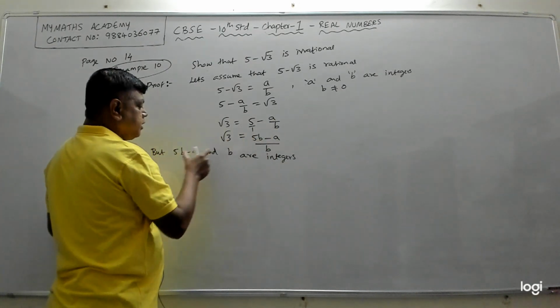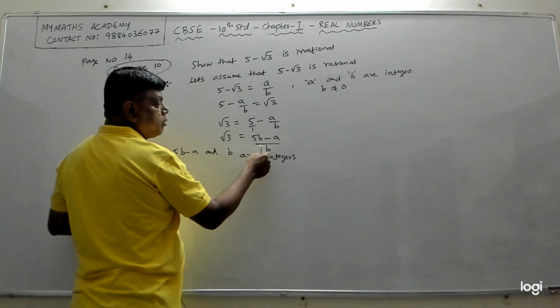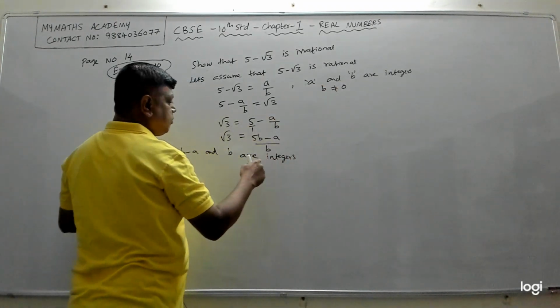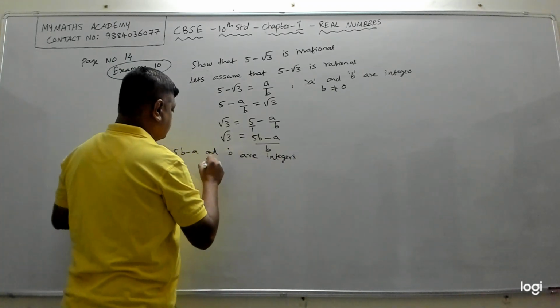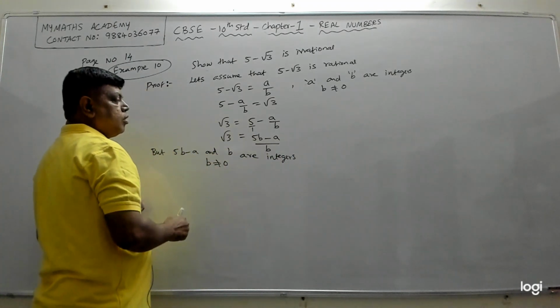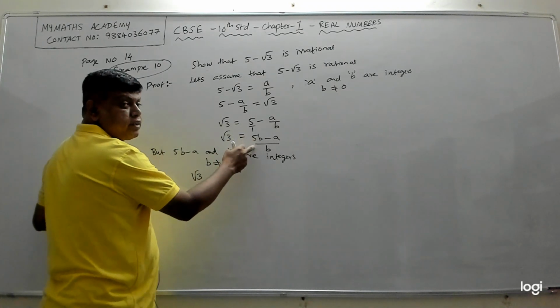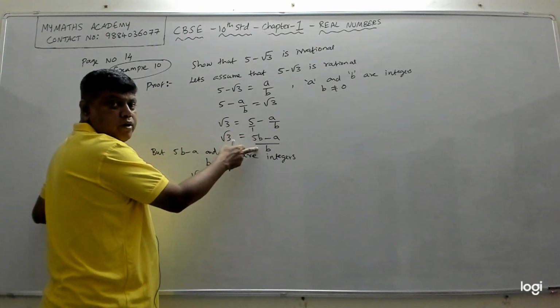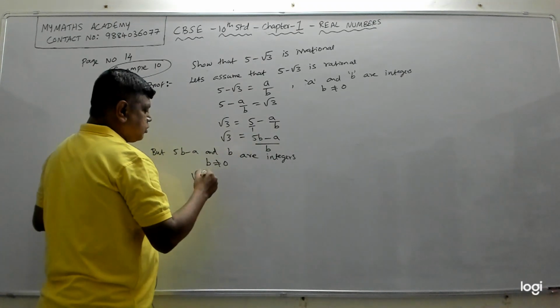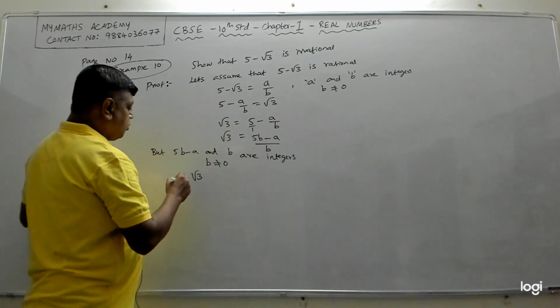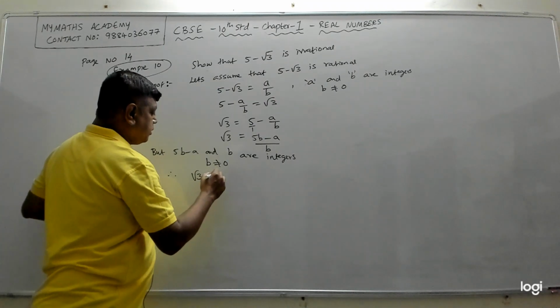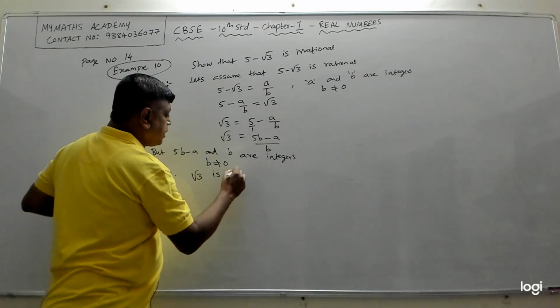So numerator is an integer, denominator is also an integer, and b is not equal to 0. So we have written root 3 in the form of a fraction. Therefore root 3 is rational.